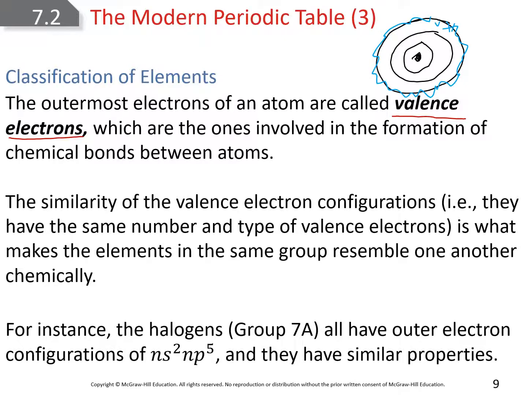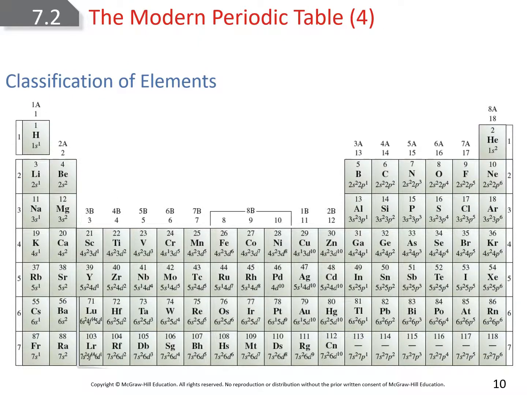So if I again look at the periodic table, what I can say is that all group 1 elements have 1 valence electron. All group 2 have 2 valence electrons.